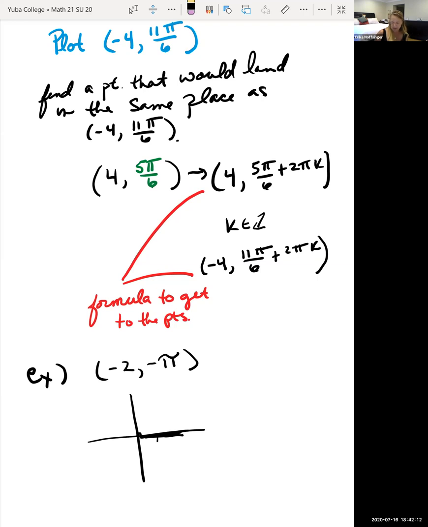That would get me over here to the negative x-axis. But it's telling me that I'm going -2, so I'm going to go the opposite direction too. So our point would be here.